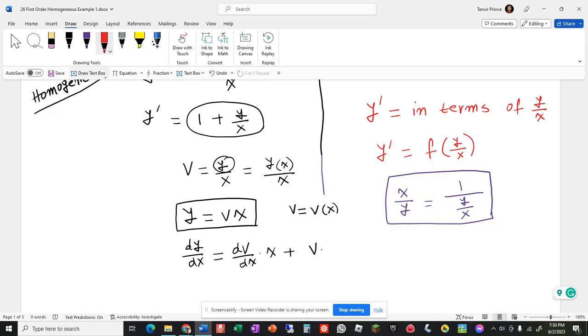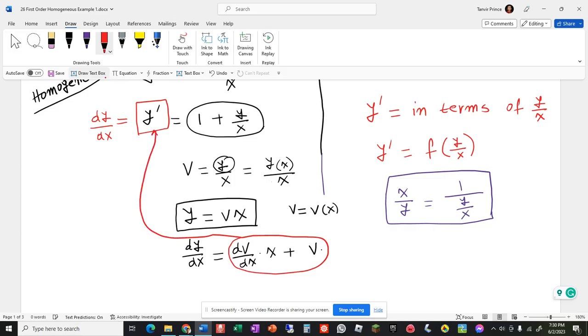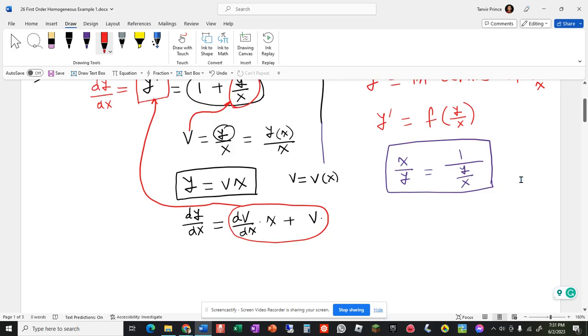In place of y prime, of course, y prime is dy dx, I have to substitute this expression. And in place of y over x, I need to substitute v. So if I do all of that, let's see what I get.